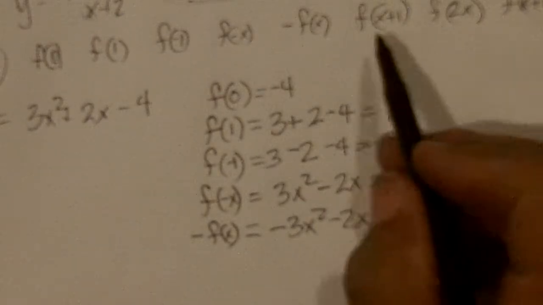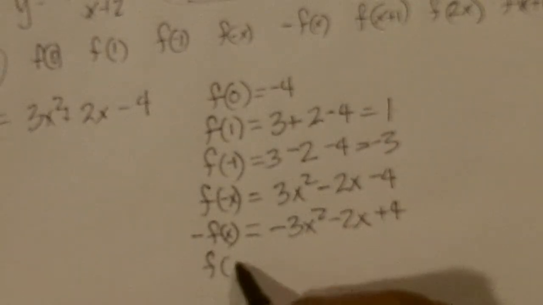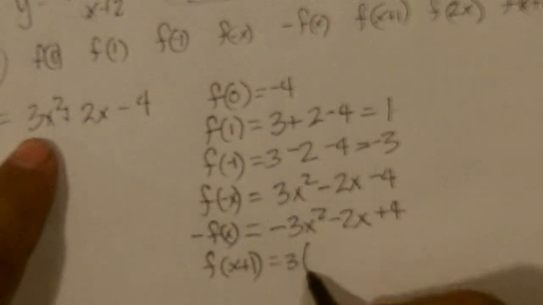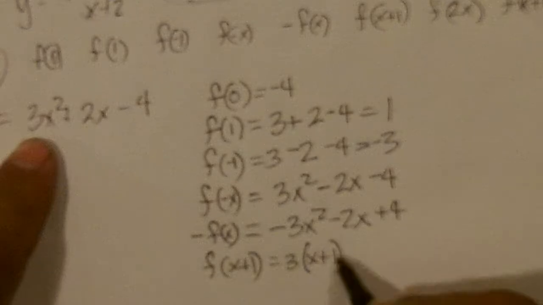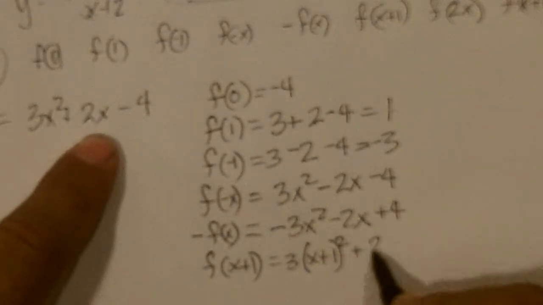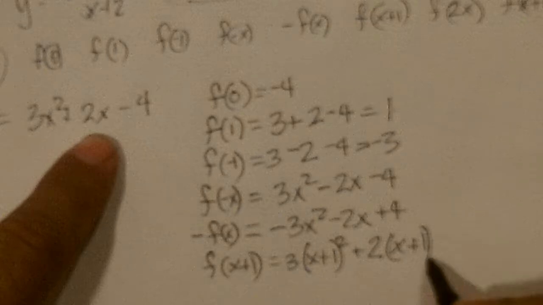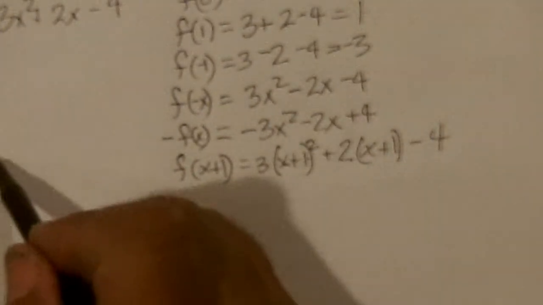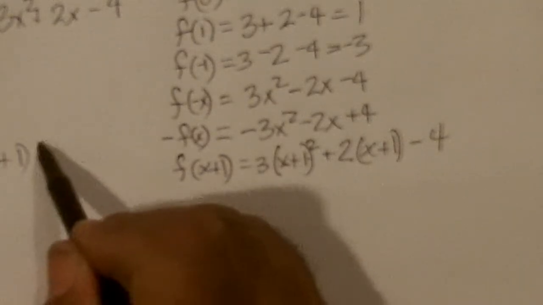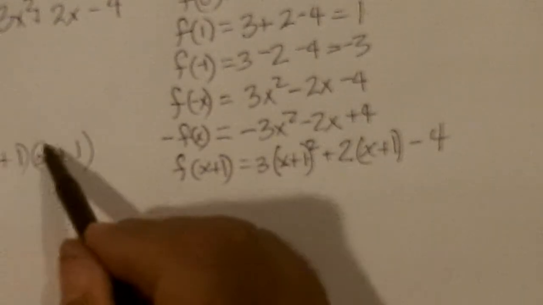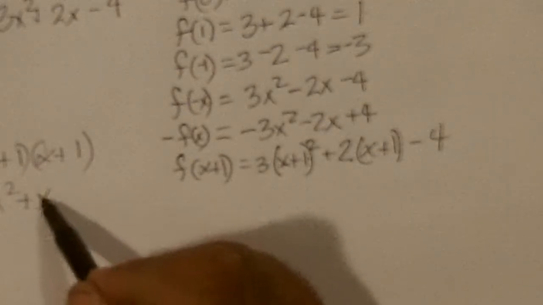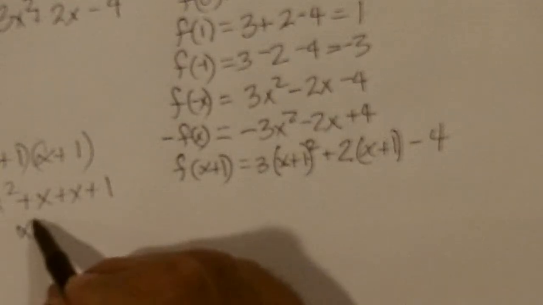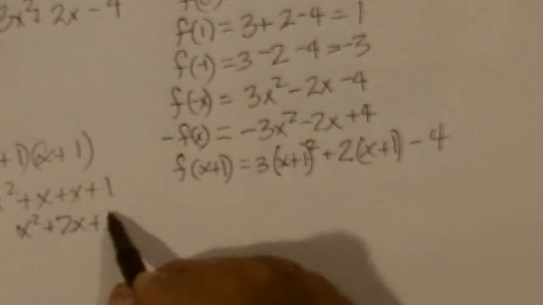And then f of x plus 1. So I'm going to have 3 times, instead of x, it's x plus 1, plus 2 times x plus 1 minus 4. So x plus 1 times x plus 1 is x squared plus x plus x plus 1, which is x squared plus 2x plus 1.